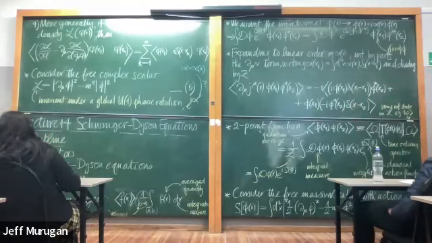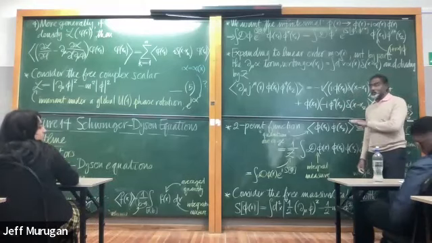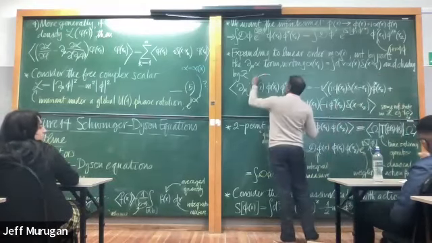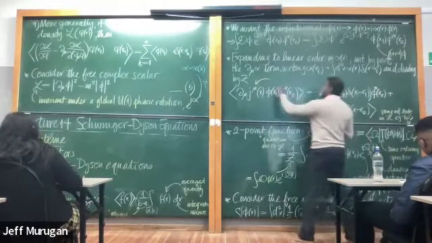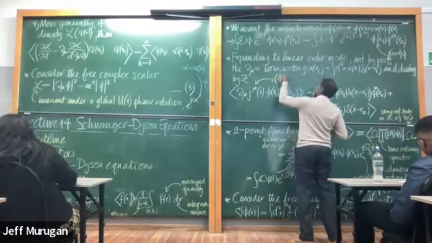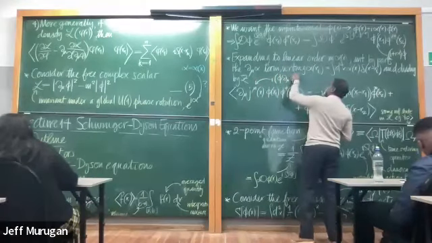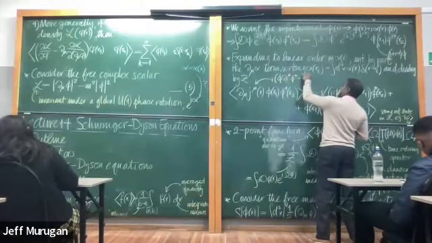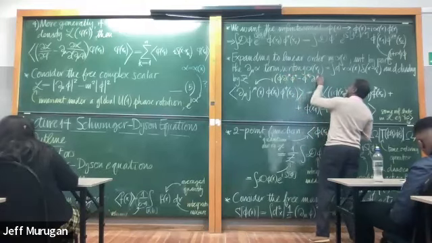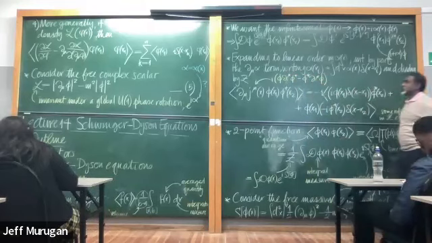This expression then gives us a constraint on the correlation function. Any correlation function that we calculate must satisfy this. This j mu, by the way, is the usual one that we've described previously, as i times phi d mu phi star minus phi star d mu phi.